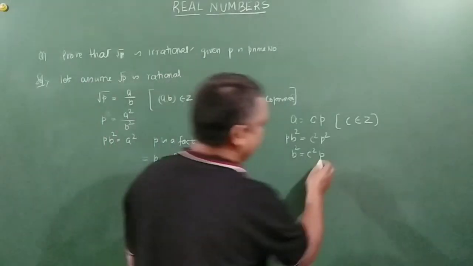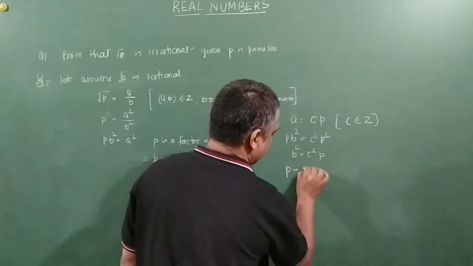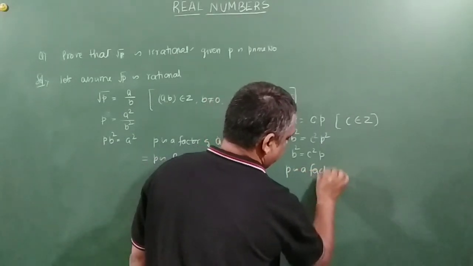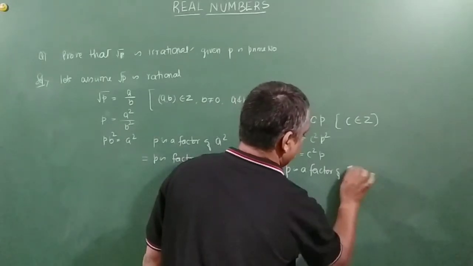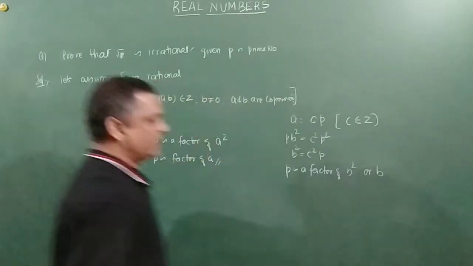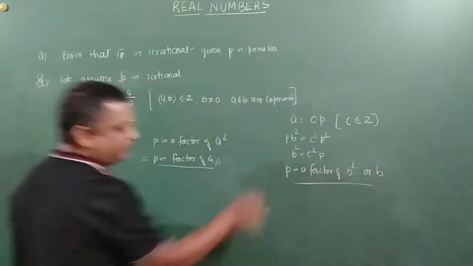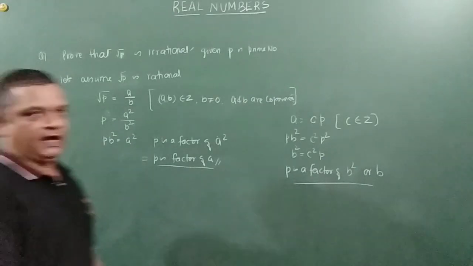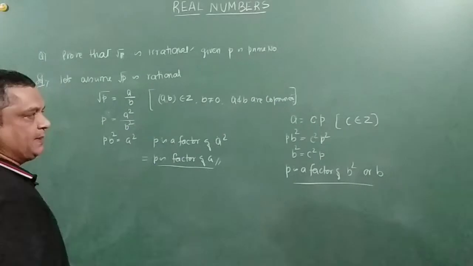So can we write P is a factor of B square now? P is a factor of B square or B, correct? So P is a factor of A and P is a factor of B, which should not have happened because we assumed A and B to be co-primes.